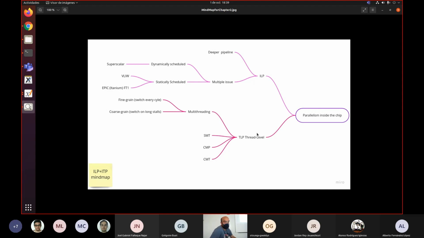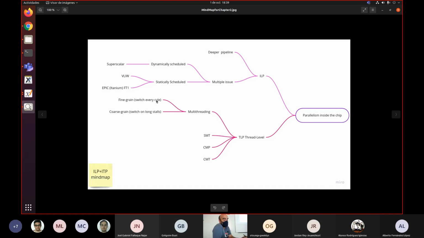So we have the idea of multi-threading, which means that we are going to execute several threads at the same time, and we have to switch between one and another, depending on the number of threads that we have.